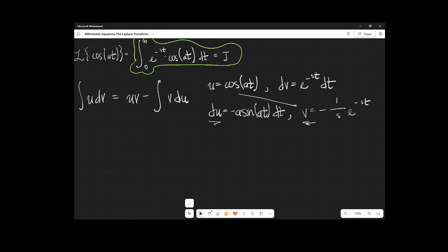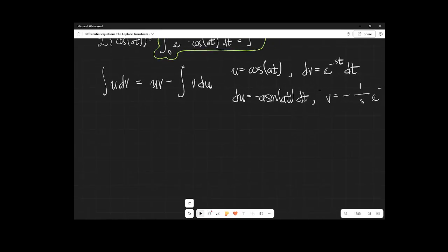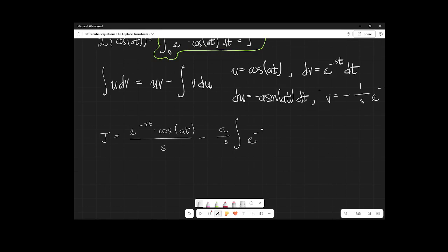So u times v minus the integral of v du.